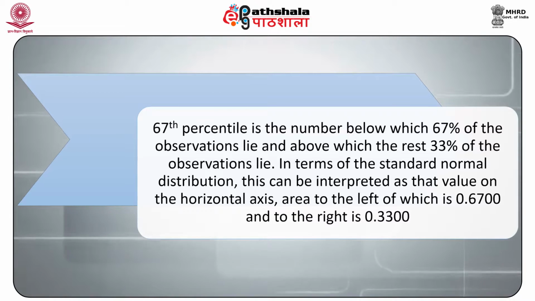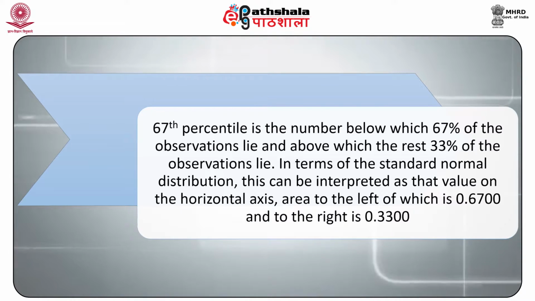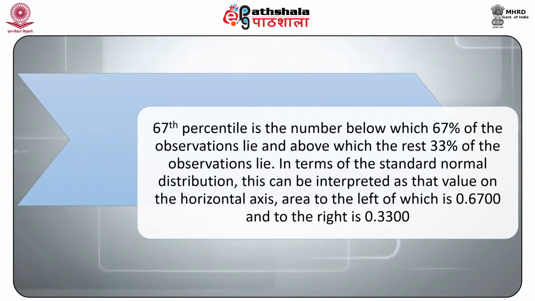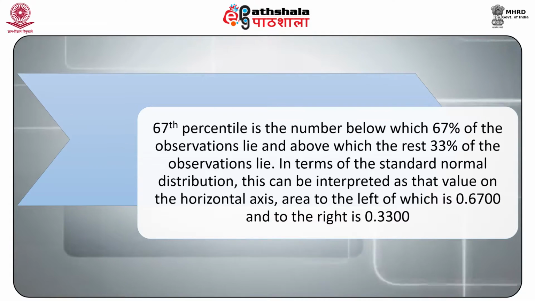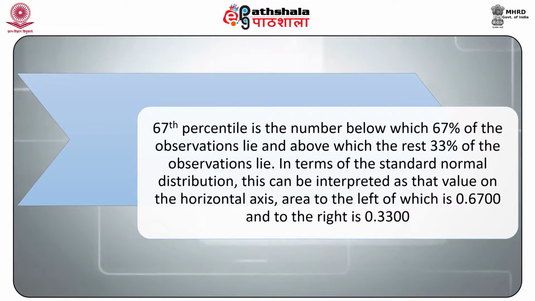So, the problem is being put in reverse fashion. Earlier we were given the value of z, and from the body of the table we had to find the probability. But now we are given the probability and the corresponding value of z is to be found. So, the table is used in an inverse way. For this, we have to find the particular row and column, the intersection of which gives the value 0.6700.